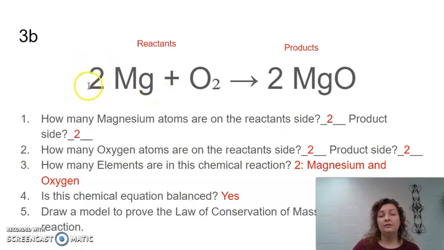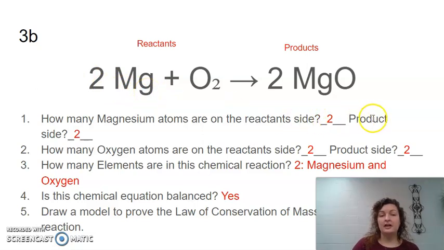If I have a coefficient, which is this large number in front, what that does is it uses the distributive property over, and it's being multiplied by the subscript. So in this case, I have a subscript of 1. So 2 times 1 is 2. So I have 2 magnesium atoms.